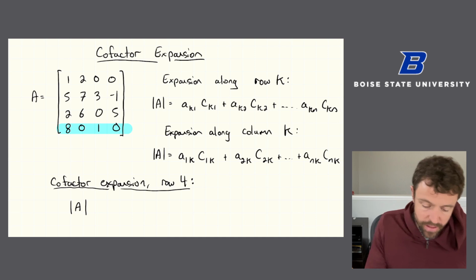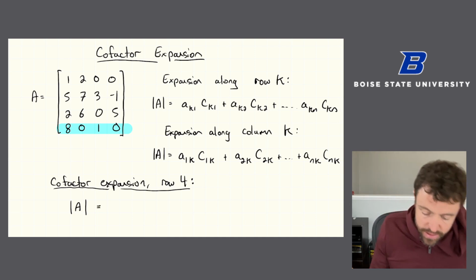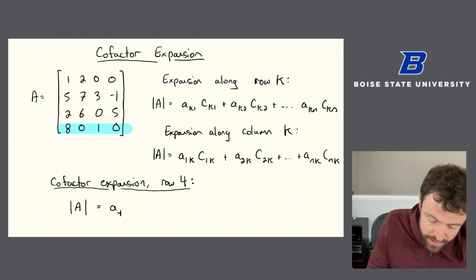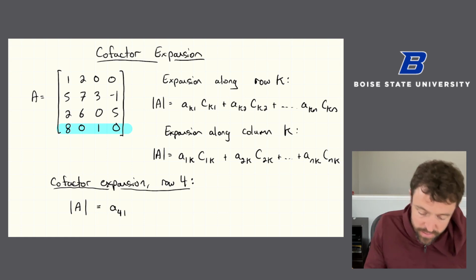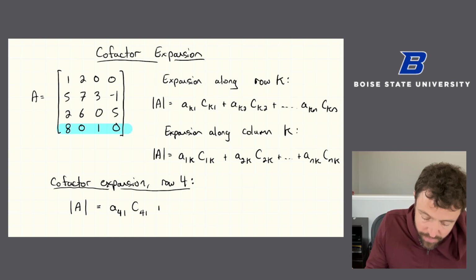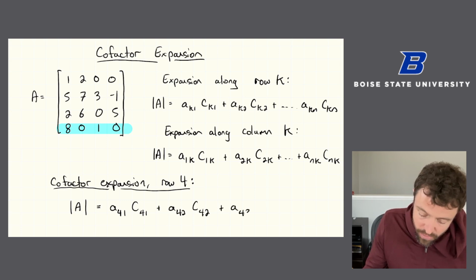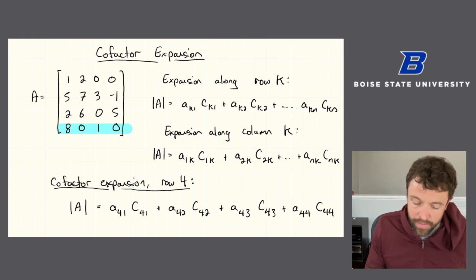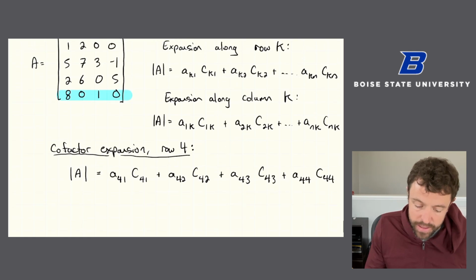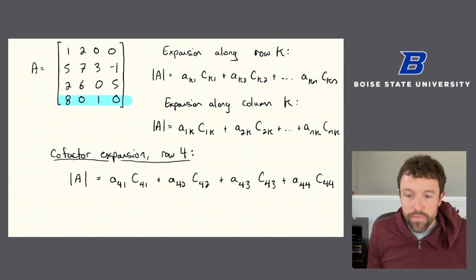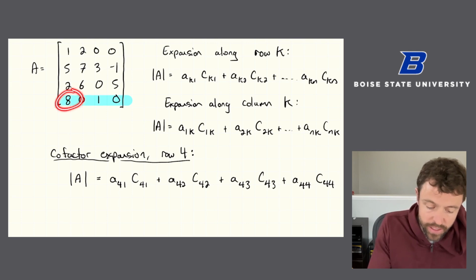And this is going to be equal to A41 C41 plus A42 C42 plus A43 C43 plus A44 C44. And let's get this all on the same screen. A41 is this entry 8.